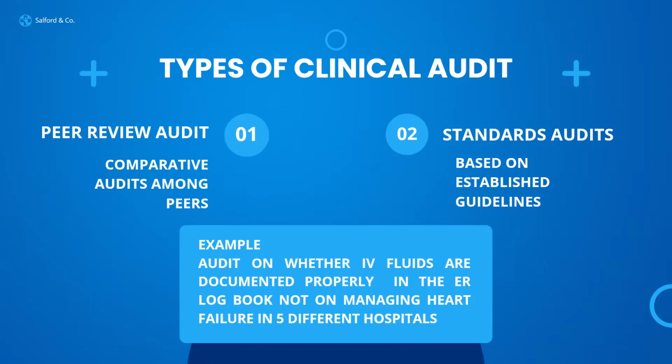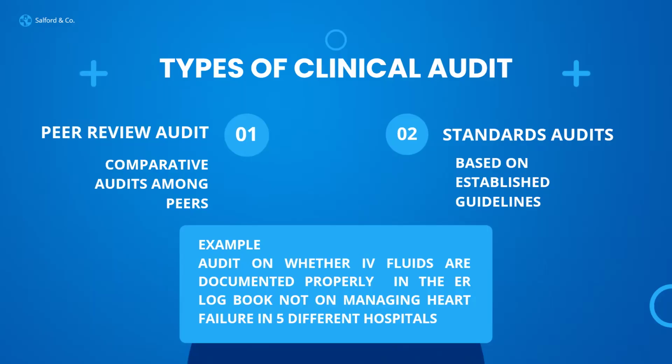Okay. So this is known as the peer review audit. There are no international guidelines on it, but you will take one international hospital, or one top ranking hospital, and you will see how they are managing it and how your process compares to them.